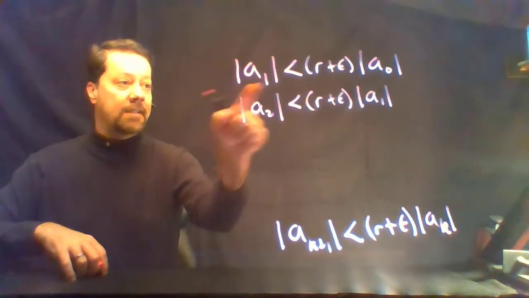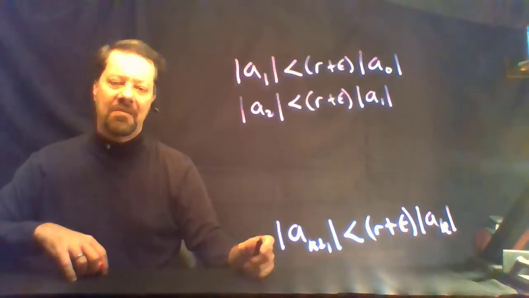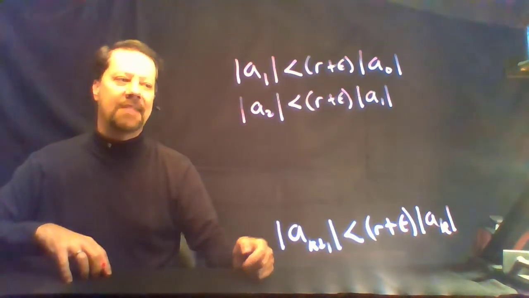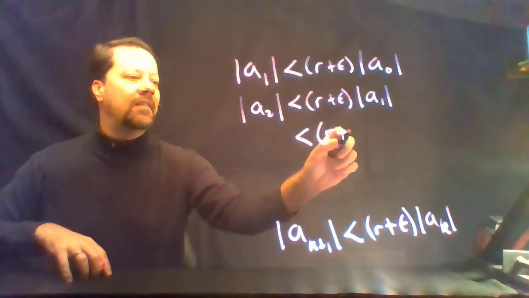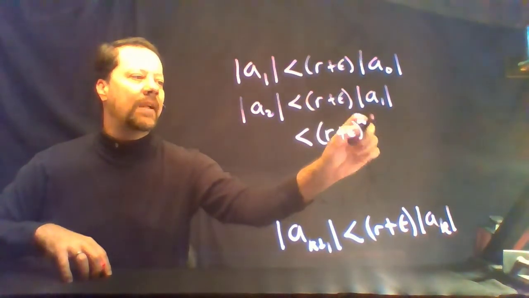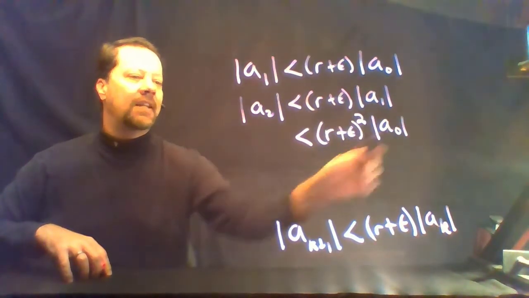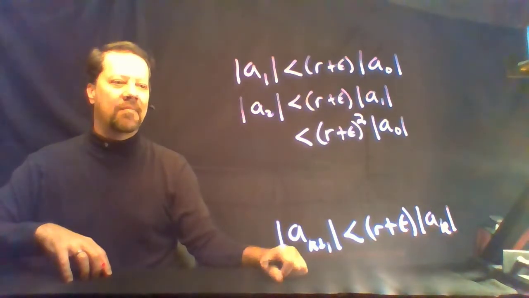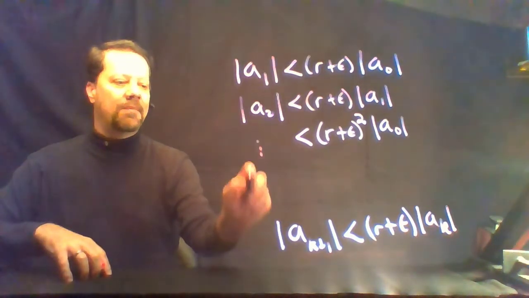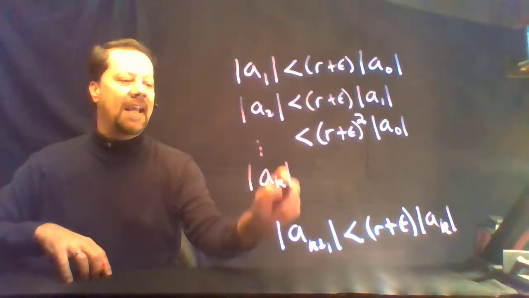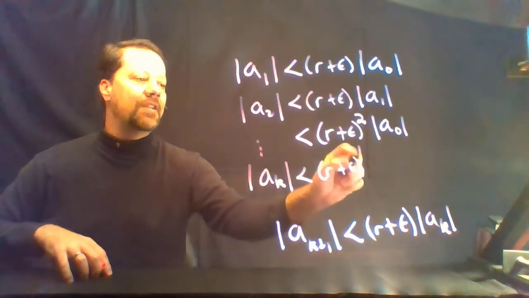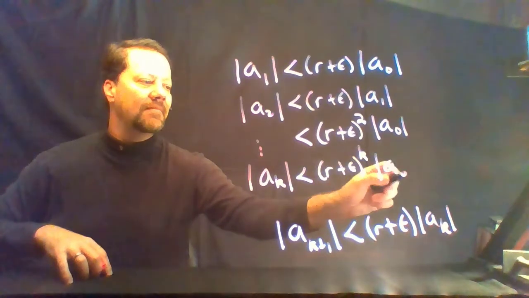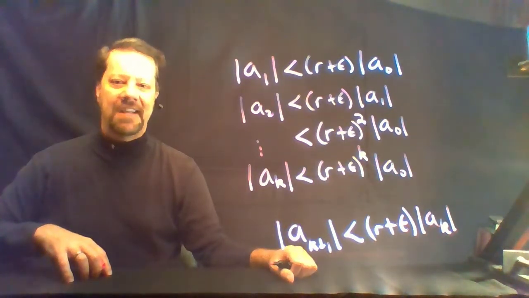The absolute value of a sub 1 is smaller than r plus epsilon times the absolute value of a naught. And so this will be less than (r plus epsilon) squared times the absolute value of a naught. Similarly, a sub k will be smaller than (r plus epsilon) to the power k times the absolute value of a naught.